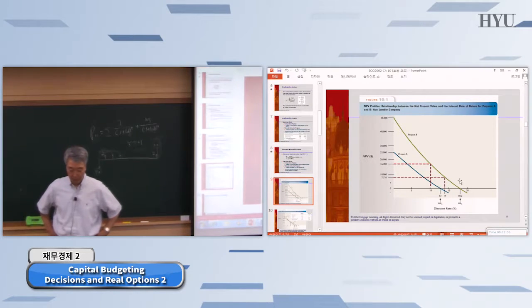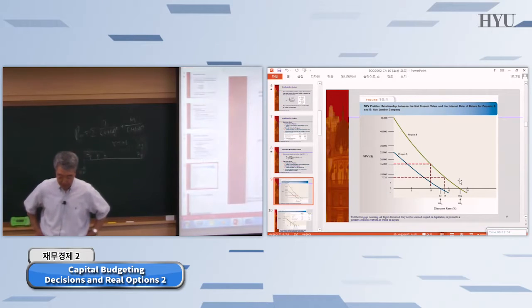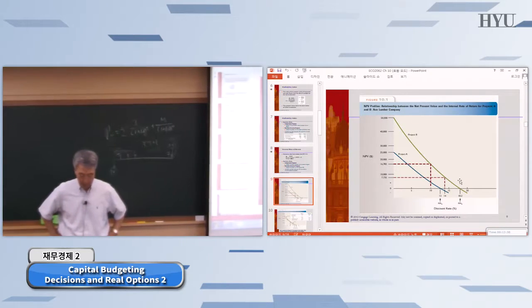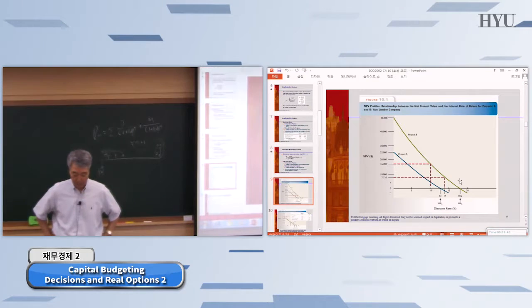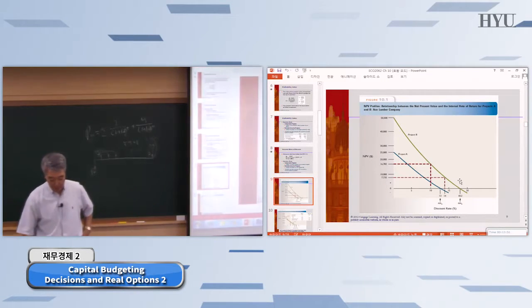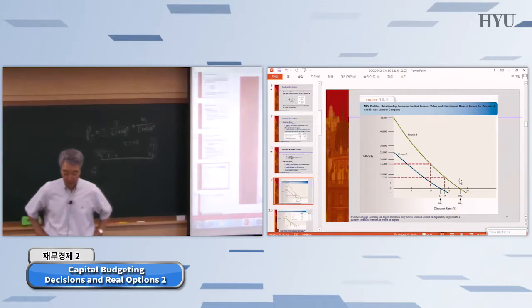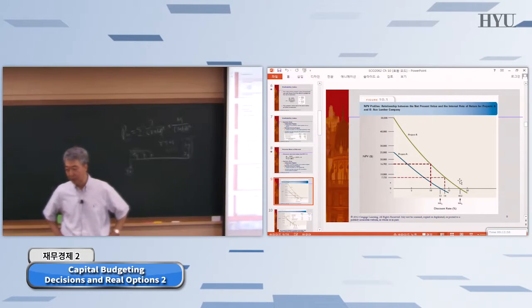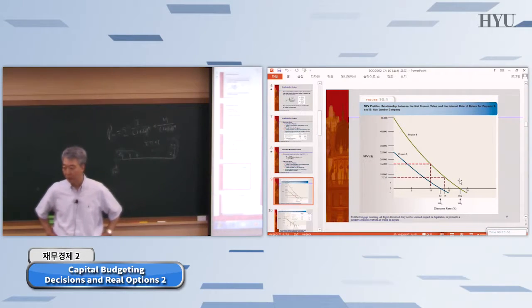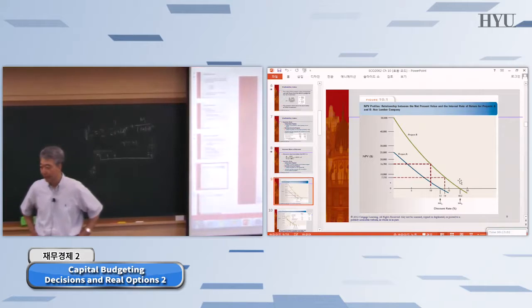I already stated that these two are independent projects. But is there any other condition? Yeah, if the discount rate is below 13%. Right, exactly. As long as the discount rate is lower than the IRR, or as long as IRR exceeds the discount rate, or cost of capital.